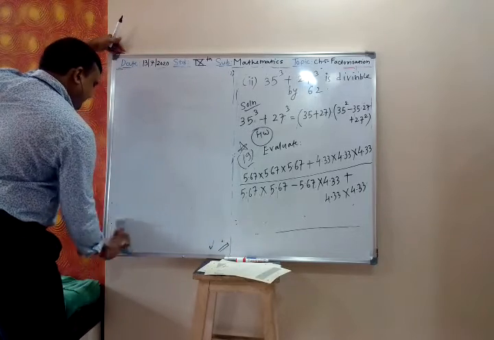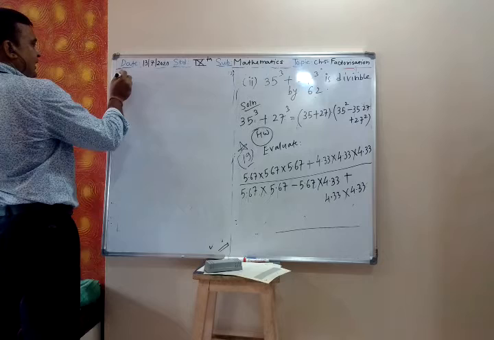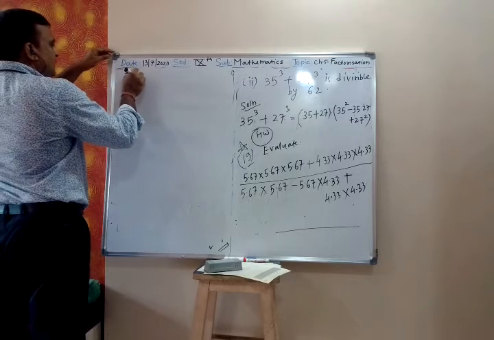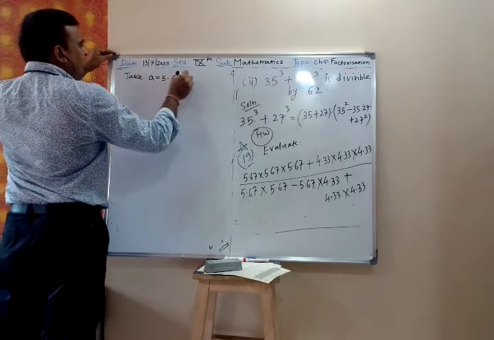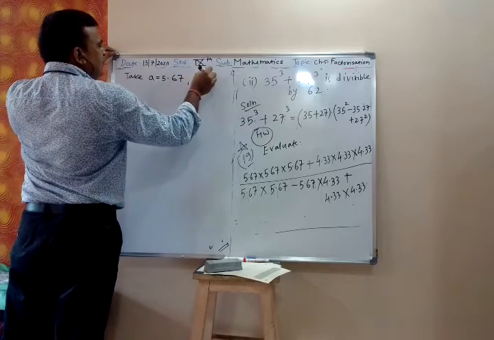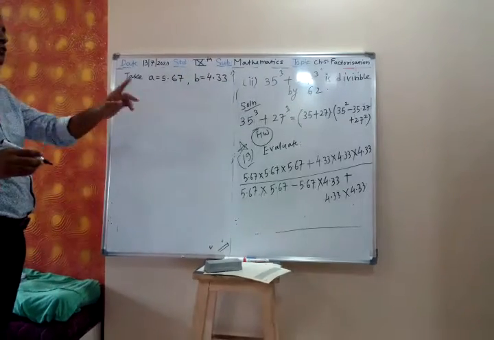Very good. So we'll take A as 5.67 and B as 4.33.